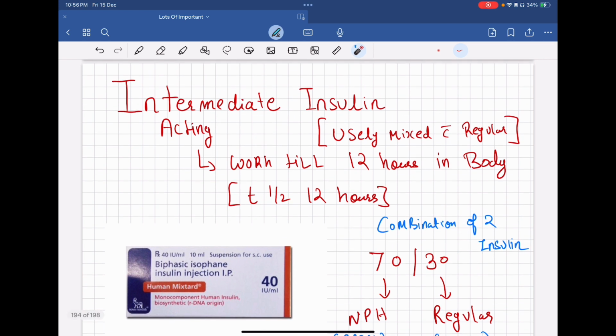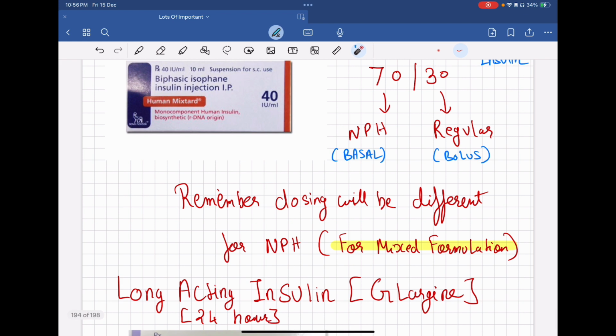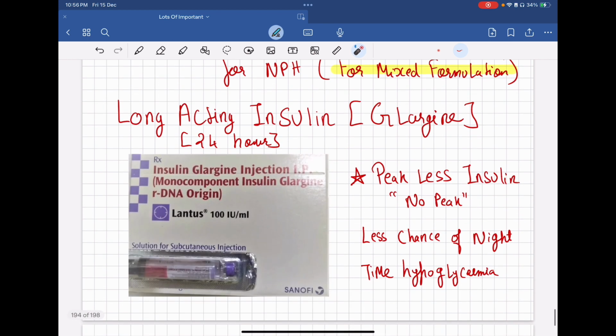So it works in the body for 12 hours. The long-acting ones act 24 hours. The short-acting ones act 6 hours. The rapid-acting ones work 2 to 4 hours. But the intermediate one among all these, the isophane insulin or NPH, works 12 hours. Another exception with this insulin is that the dosing for mixed formulations will always be different. That is very common sense.